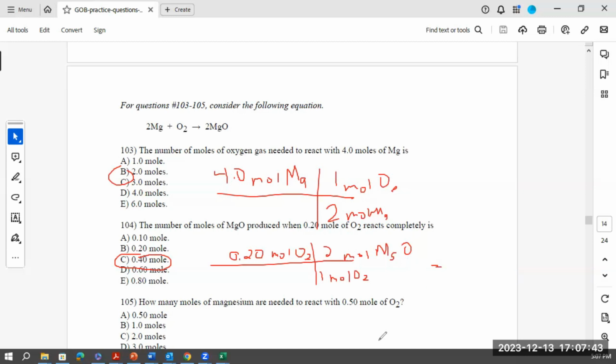Okay. So, how many moles of magnesium are needed to react with 0.50 moles of oxygen?